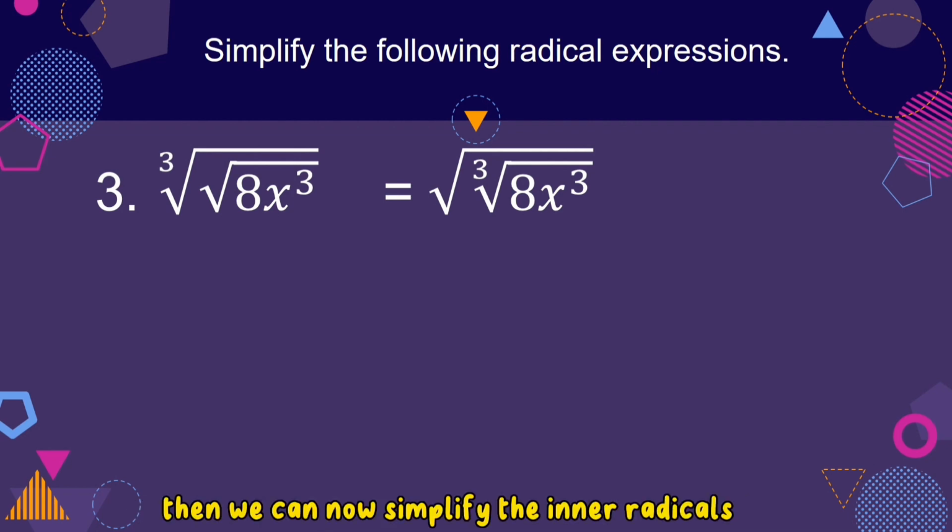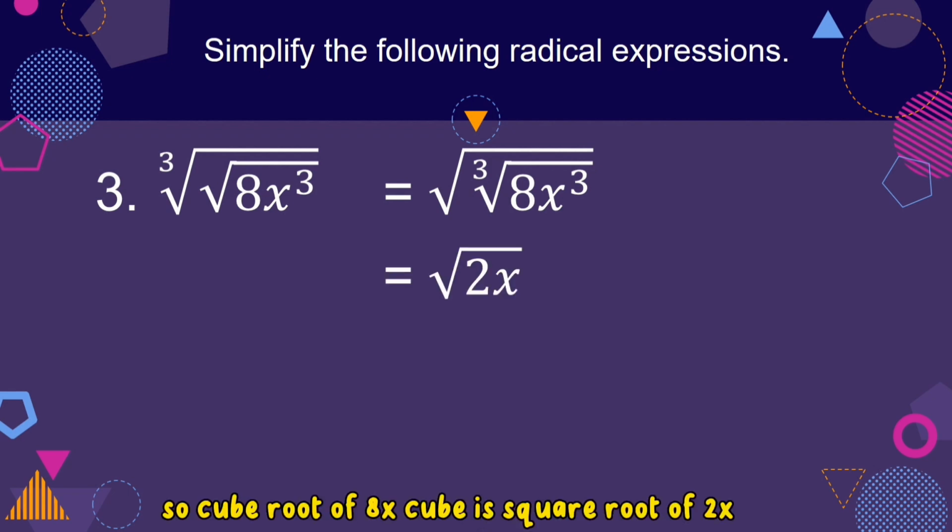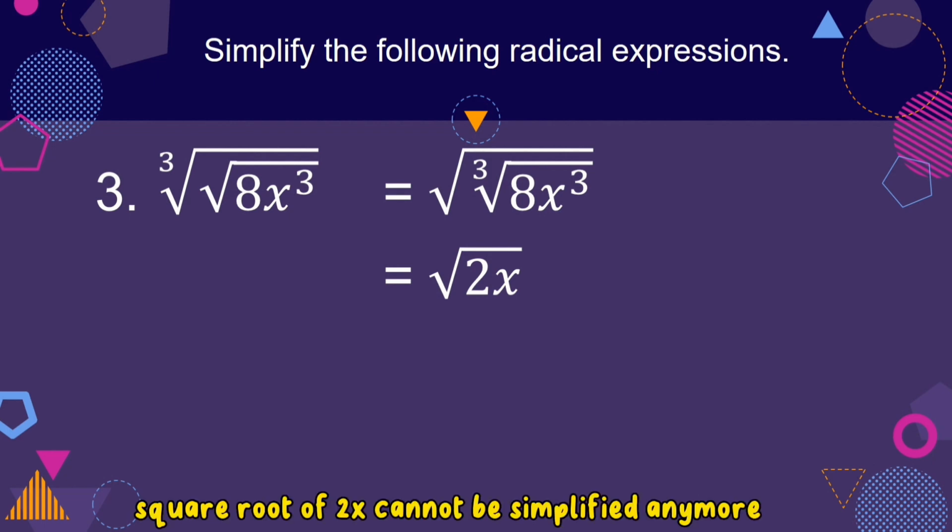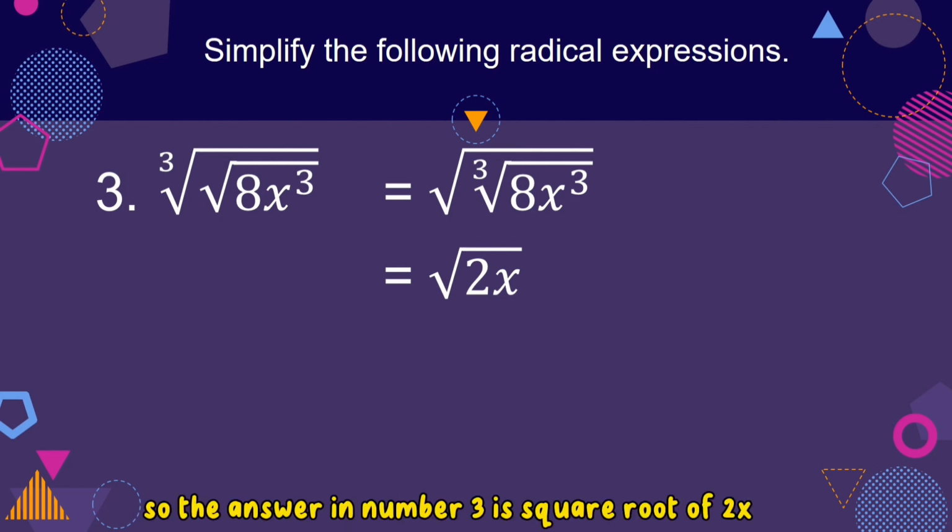Then, we can now simplify the inner radical. So, cube root of 8x cubed is 2x. Square root of 2x cannot be simplified anymore. So, the answer in number 3 is square root of 2x.